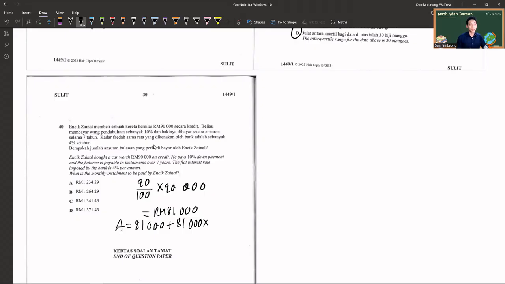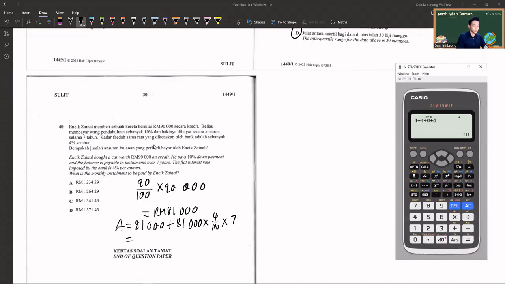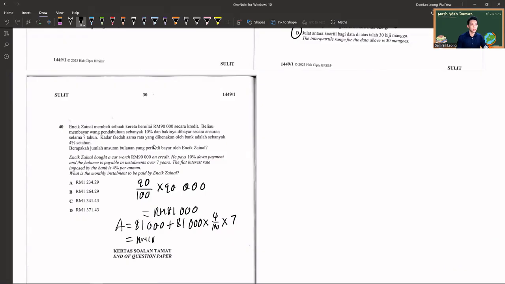So 81,000 times interest rate 4% times time 7 tahun. So 81,000 plus 81,000 times 4% times 7. 103,680.